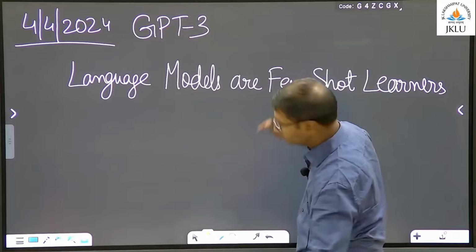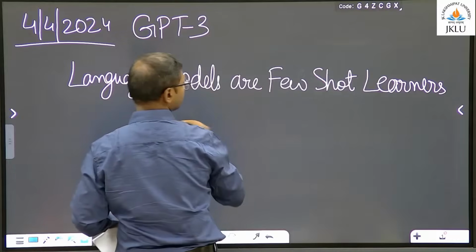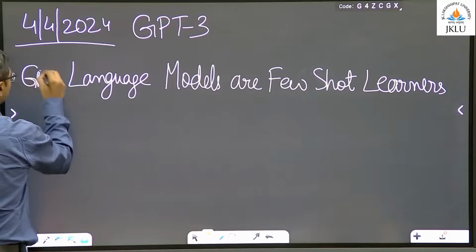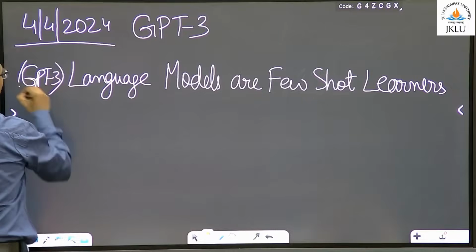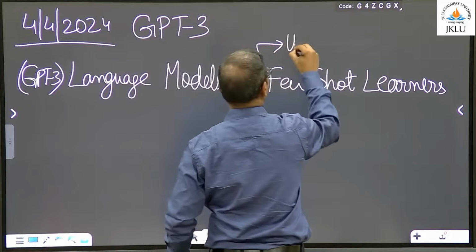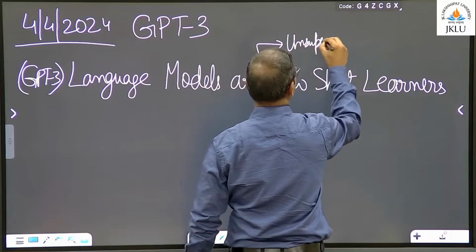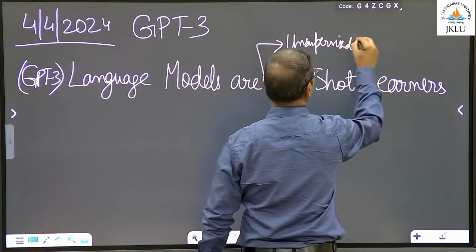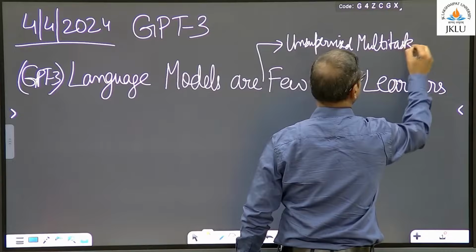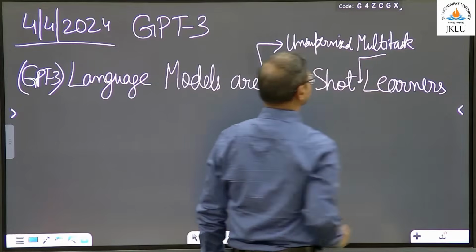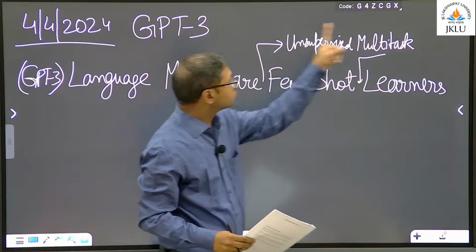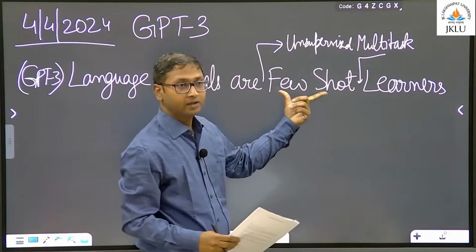GPT-2 was Language Models are Unsupervised Multitask Learners, and then GPT-3 comes here again. So this word unsupervised multitask is replaced by few shot.